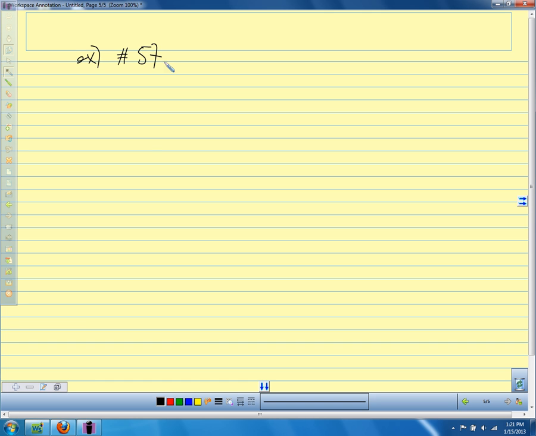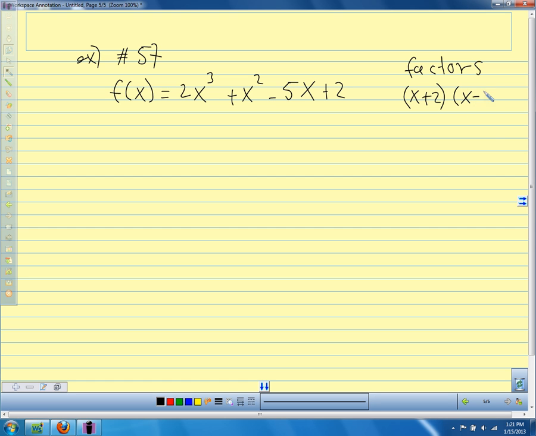So number 57 says f of x equals 2x to the third plus x squared minus 5x plus 2. And it wants us to verify that these two are factors, x plus 2 and x minus 1. And then it wants to find the remaining factors and write the factorization.